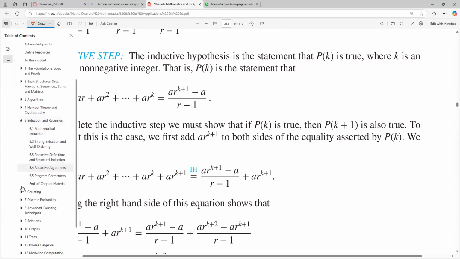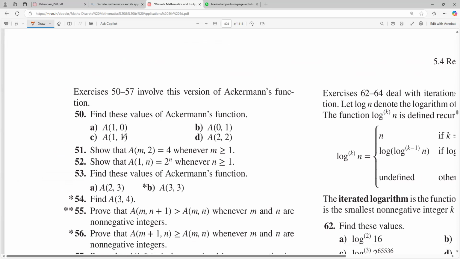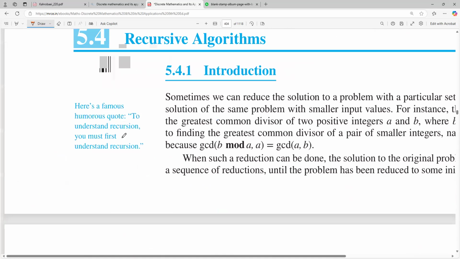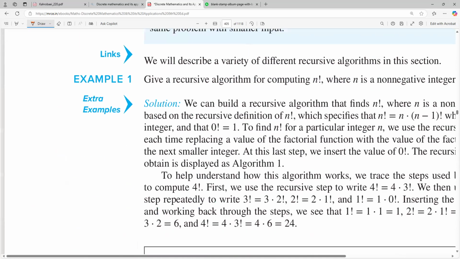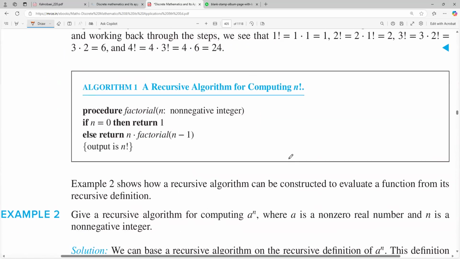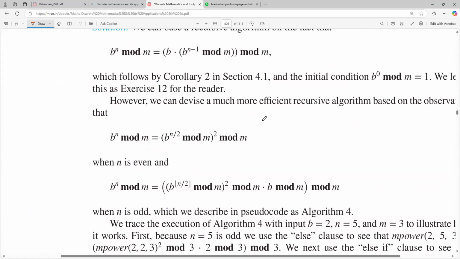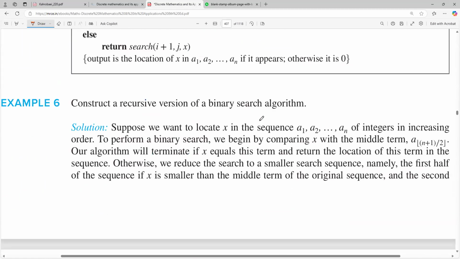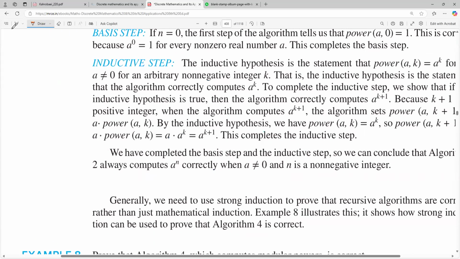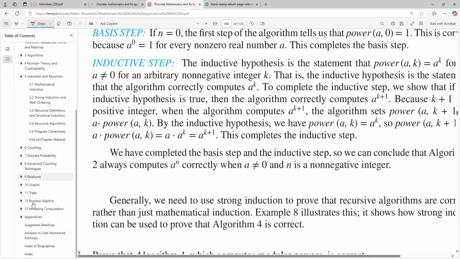Where are recurrence relations? There it is. No, 5.4? Recursive algorithms. Oh, okay. Is this just recursion? I think if we go to Towers of Hanoi, it'll have it.